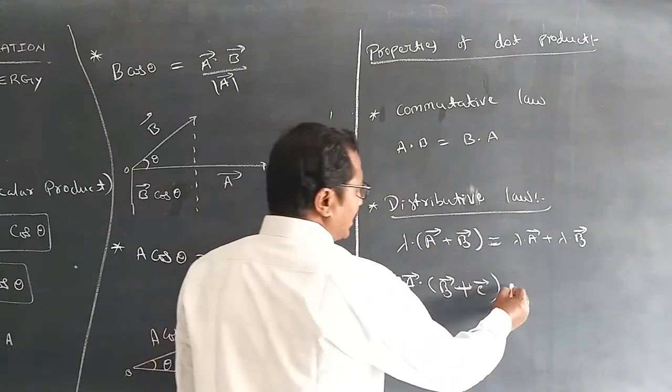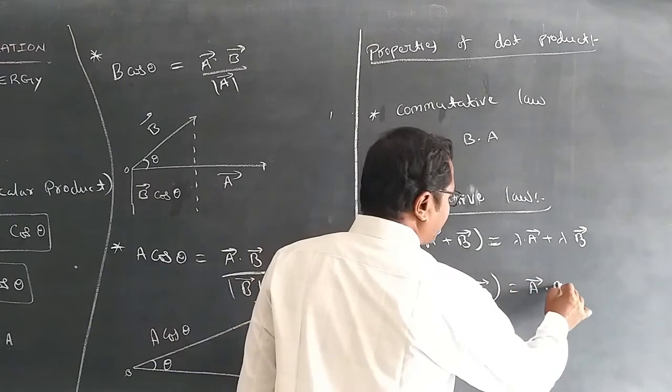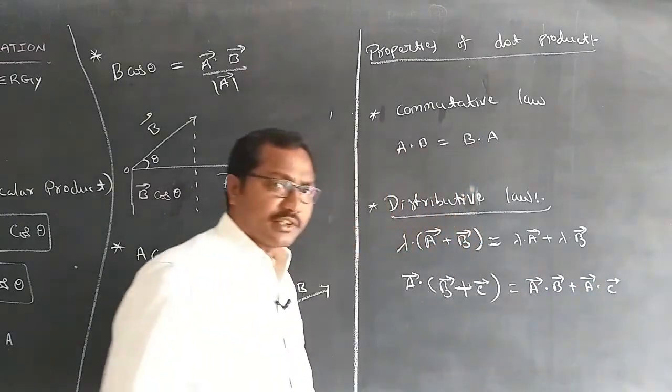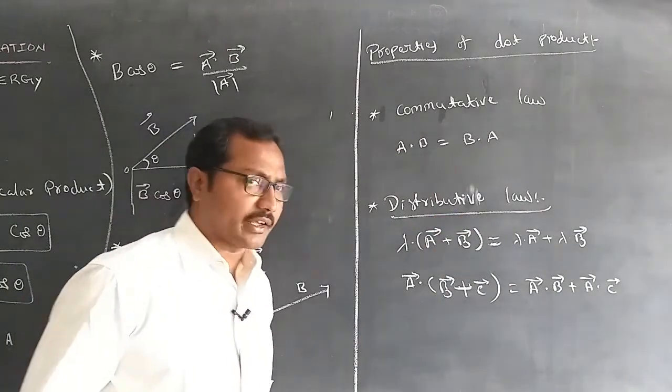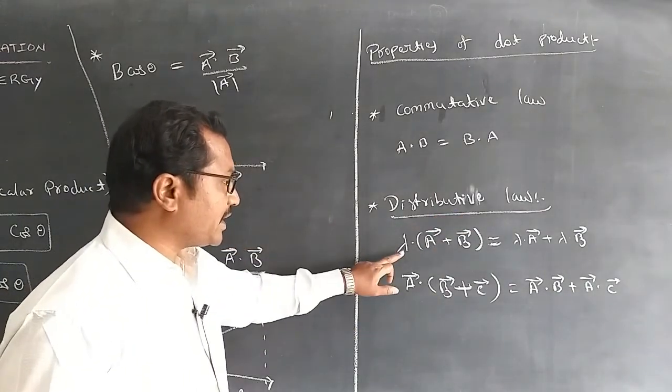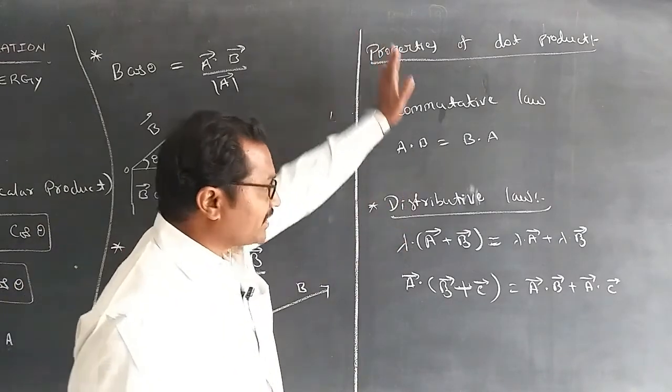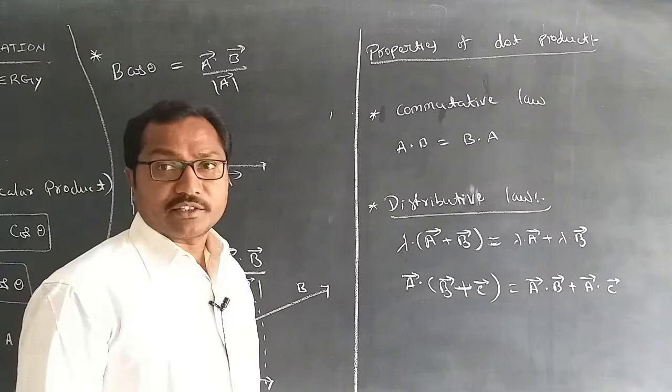Now I can say this is the value of A dot B plus A dot C. The same case here we are taking. Here it is one of the vector notations and it is one of the real numbers also we can take. Okay, so these are all the properties of this.